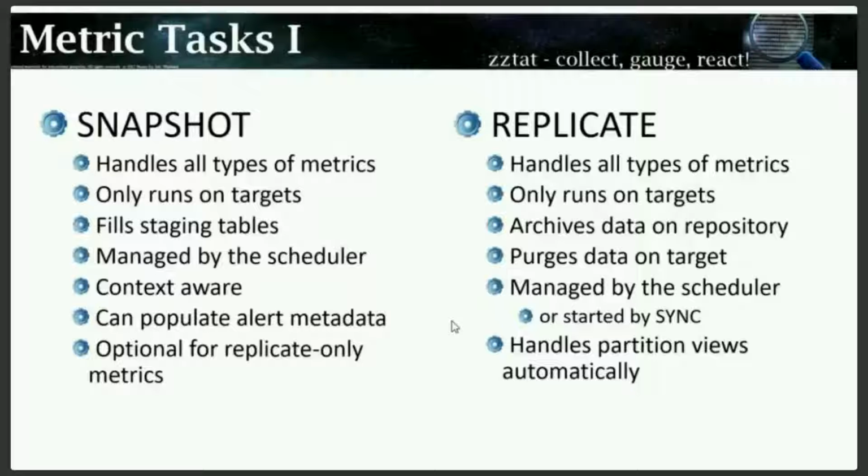And the snapshot process, being aware of that, enables us to update the metadata for that particular alert with the new data collected. So when the alert is going to arrive on the repository and ultimately in your inbox, you will be aware that there is additional data.